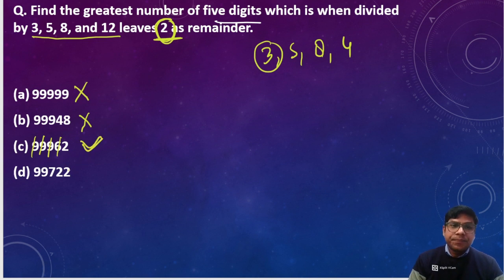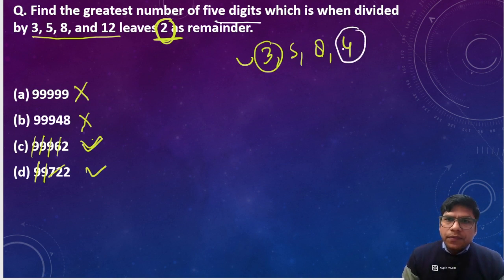And if we see option D, 9 plus 7 plus 2 is 9, this option is also giving us 2 as a remainder. So we used the divisibility rule of 3 and eliminated 2 options out of 4.